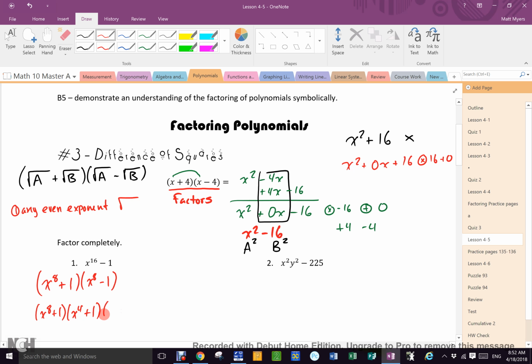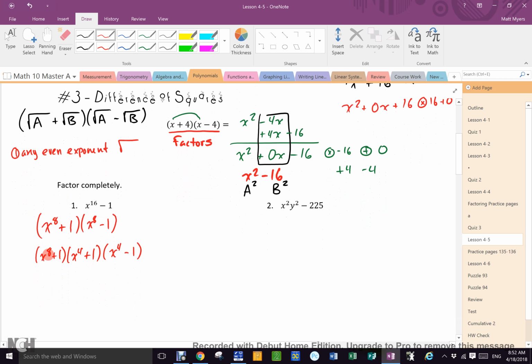What's this going to give me, though? I've already got the plus 1 and the minus 1. Look closely. Can't do anything with that. It's a plus. What about here? x squared plus 1, and then x squared minus 1.